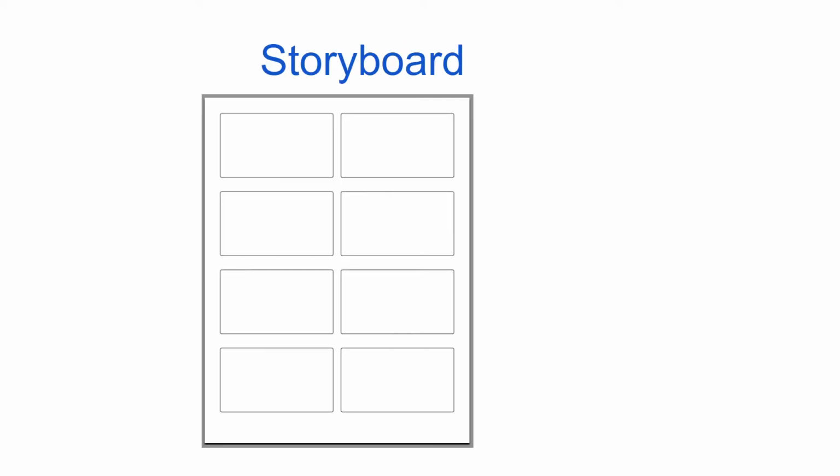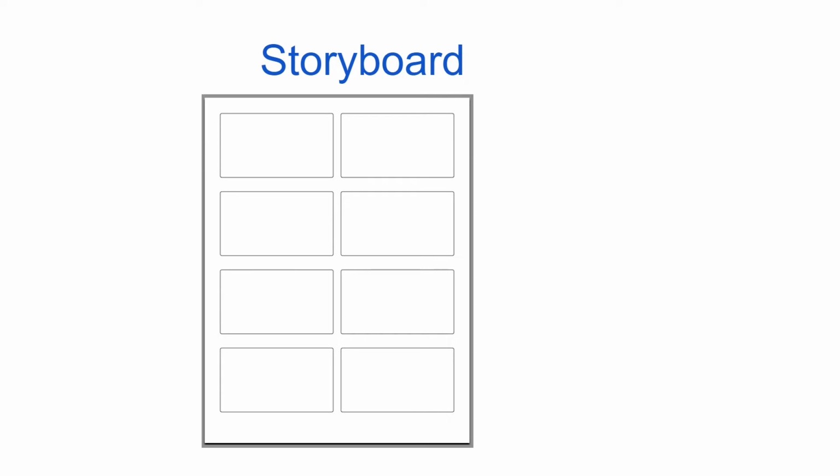Now it's time for the storyboard. The script is basically what everyone is going to hear, like the dialogue and most of the information of the movie, but the storyboard is basically how the movie will look.